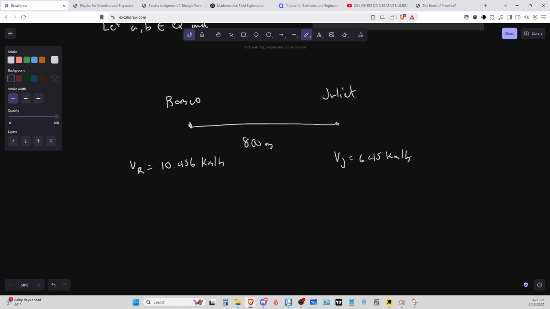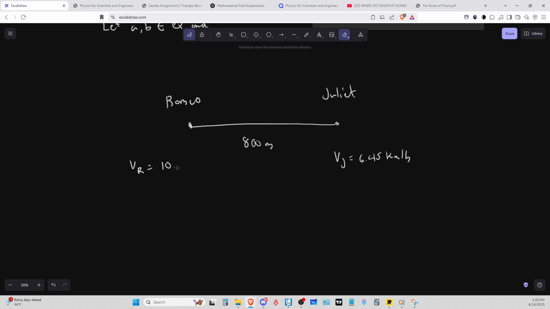I usually prefer the SI units. Oh, it's 10 kilometers? Okay. Yeah, because I was like, that's a funny way of writing the speed. Okay.